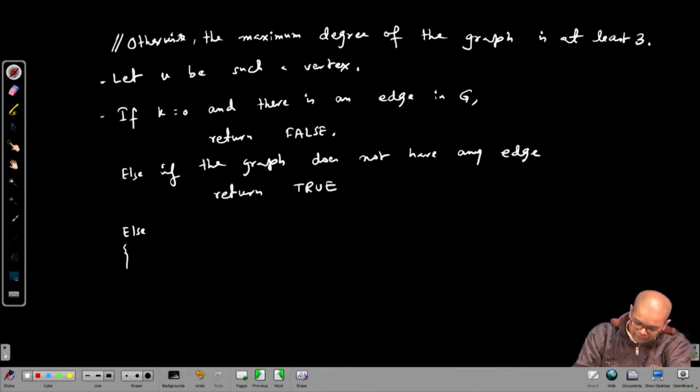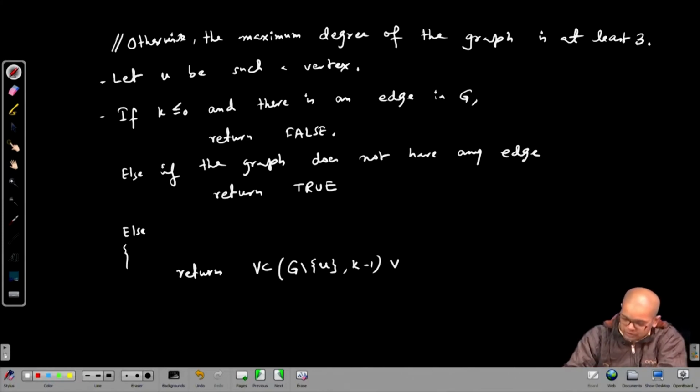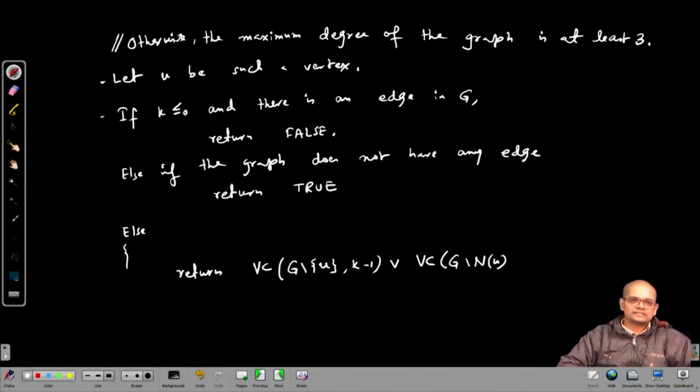So return: call this function recursively, removing U and dropping the budget by 1, to check whether after picking U, the remaining graph has a vertex cover of size k minus 1, or, if you don't pick U, you need to pick the neighbors of U. N(U) is the set of vertices which have a direct edge with U. In this case, drop the budget by |N(U)|.